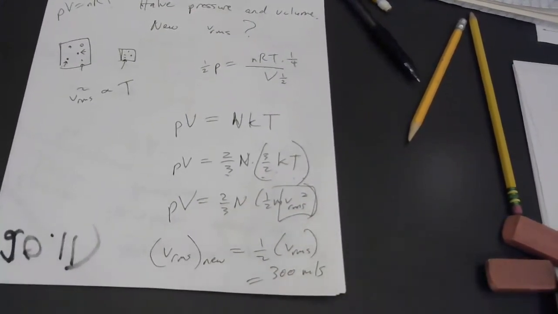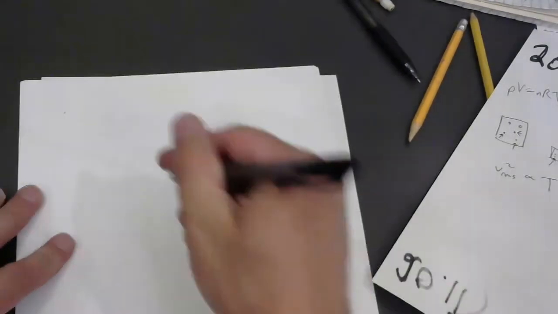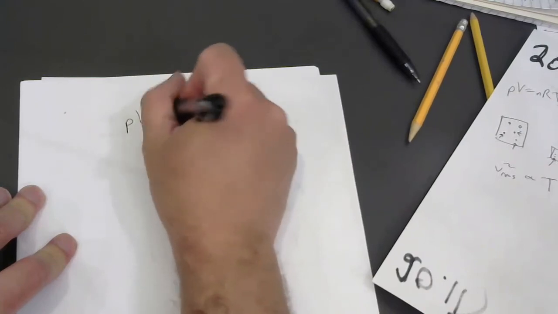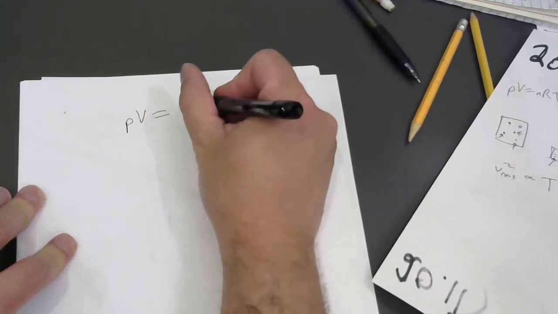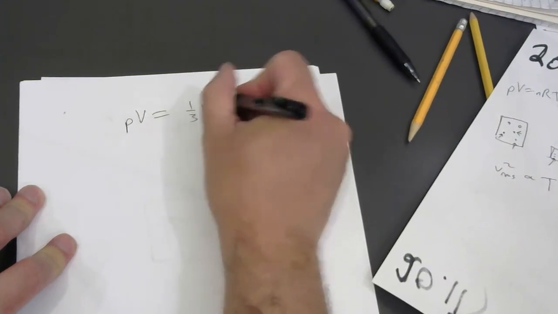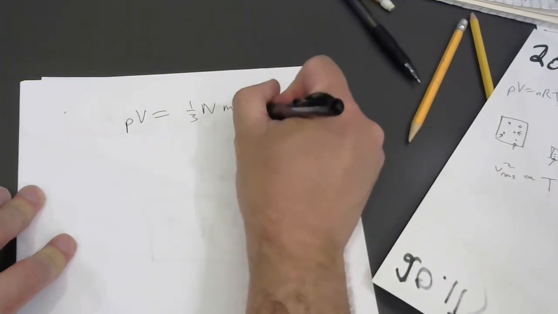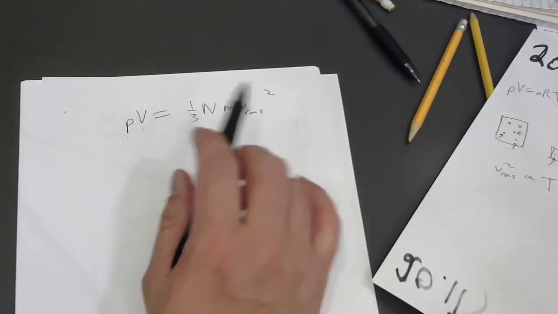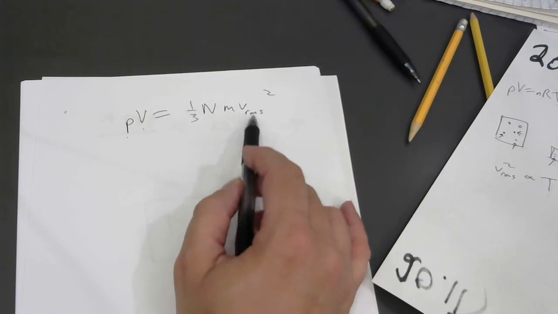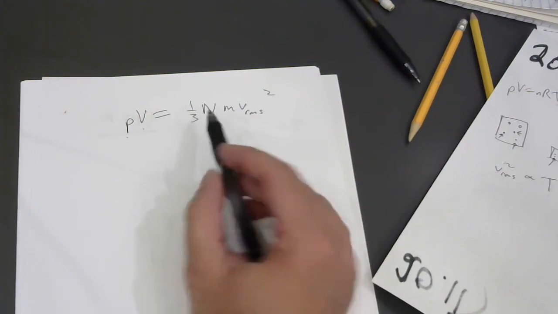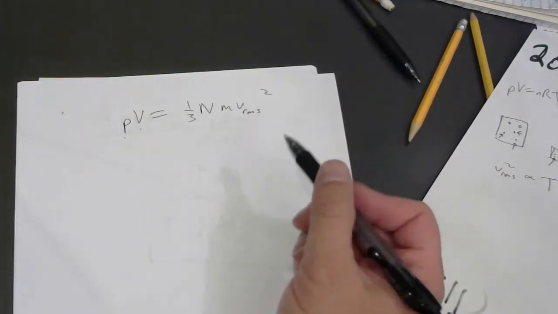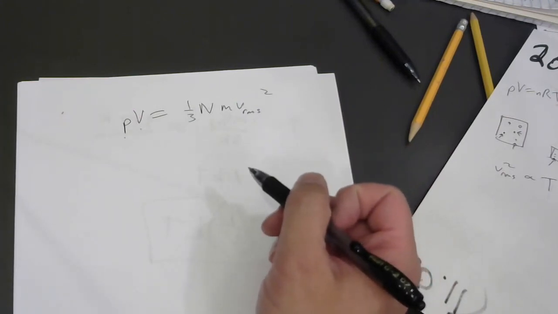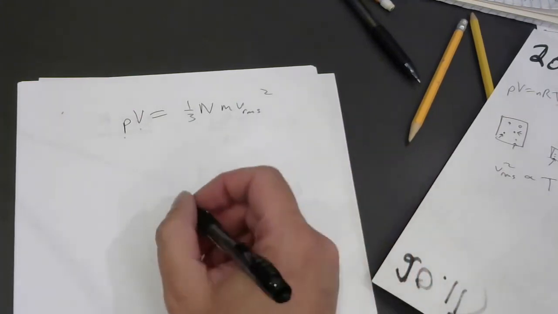How can we do this without just using the proportional reasoning? Here's that last way you could do it. I'll pick up with this starting point, the 1/3 N M VRMS squared. In this problem, pressure is changing, volume is changing, VRMS is changing. What's not changing is the mass of the particle and how many particles we've got. So you can use that technique where you put everything that changes on one side and everything that doesn't change on the other side.